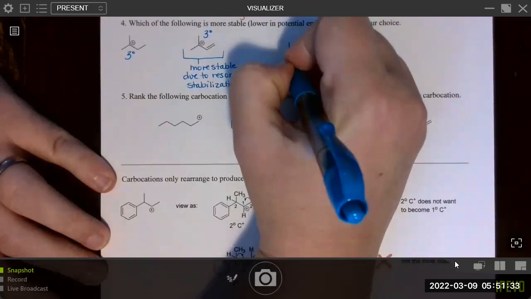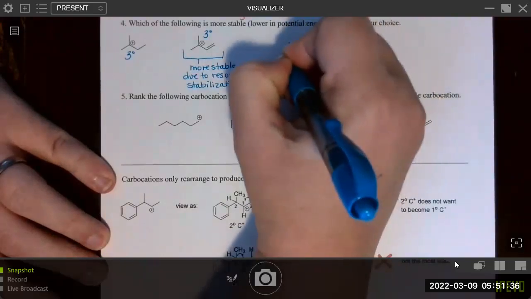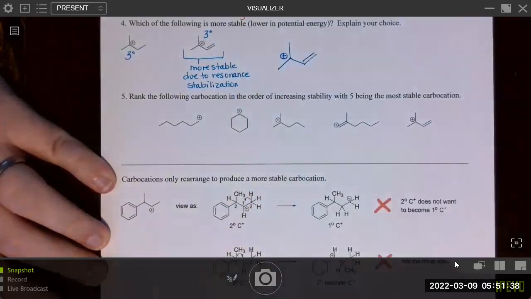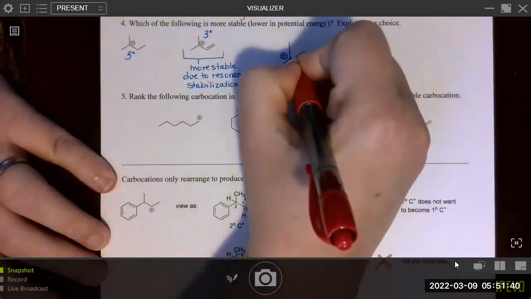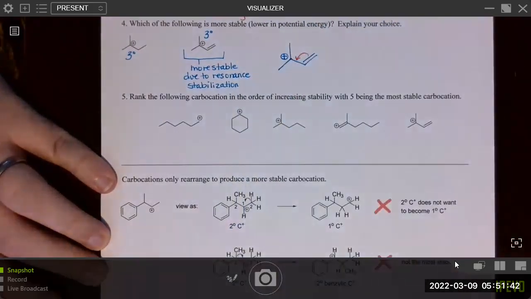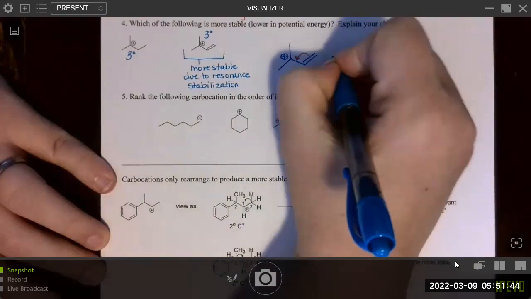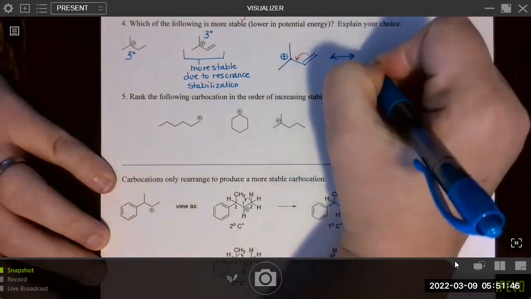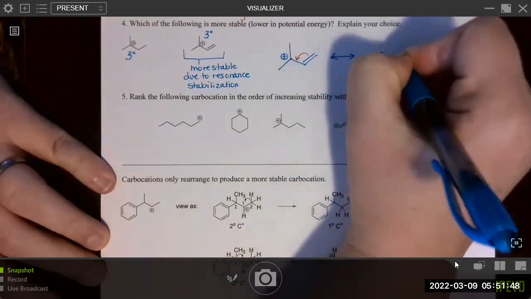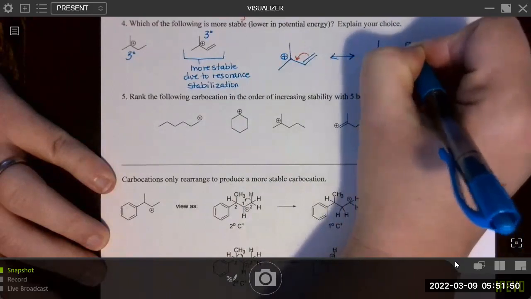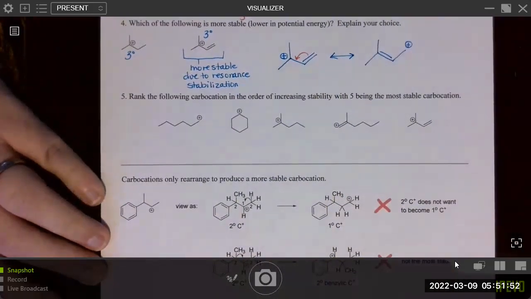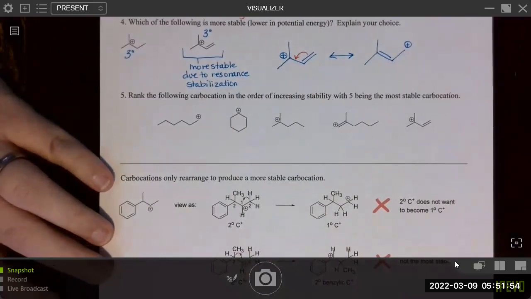So just to remind you what that resonance stabilization would look like, do the allylic carbocation or allylic positive charge pattern. Okay, and so we can also write more.